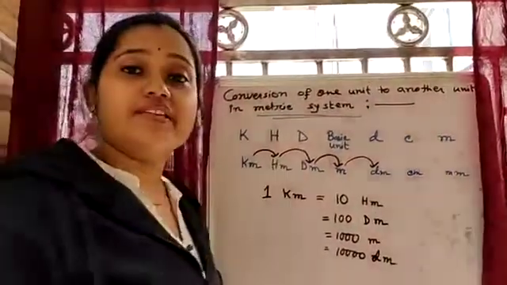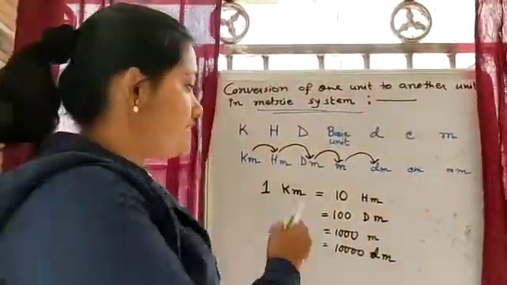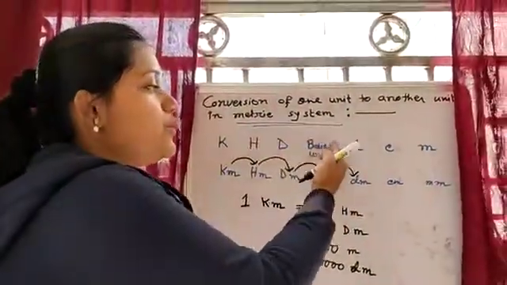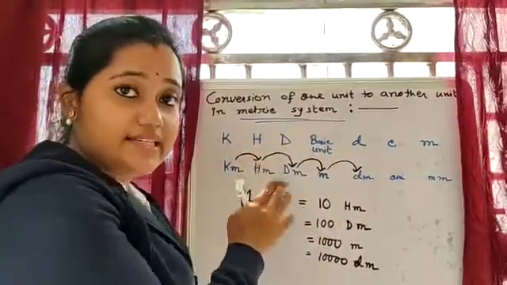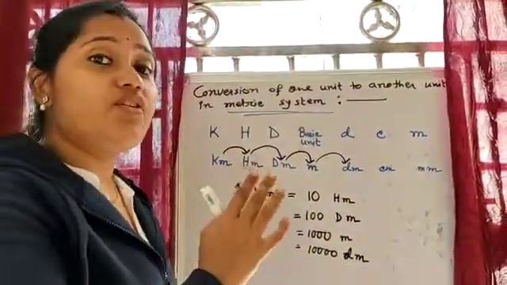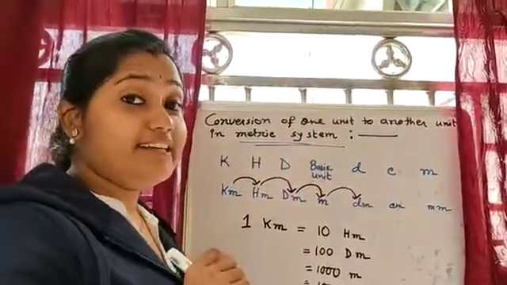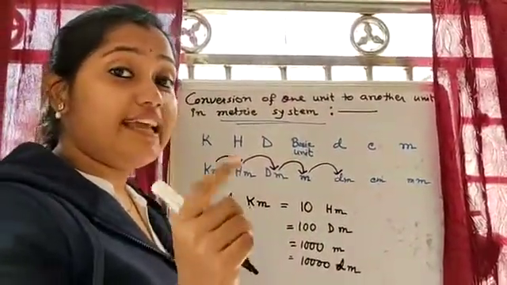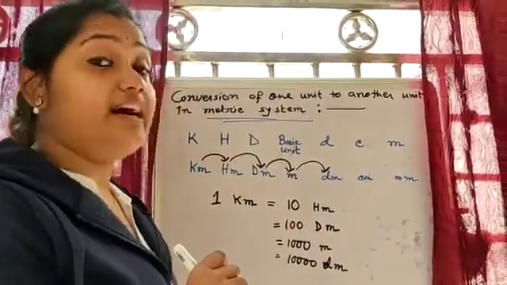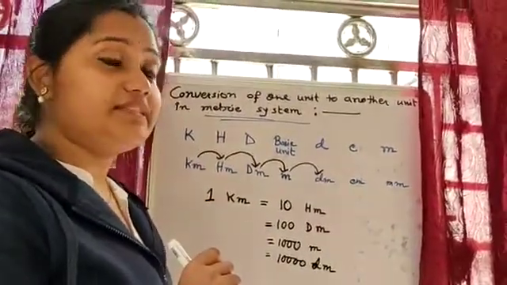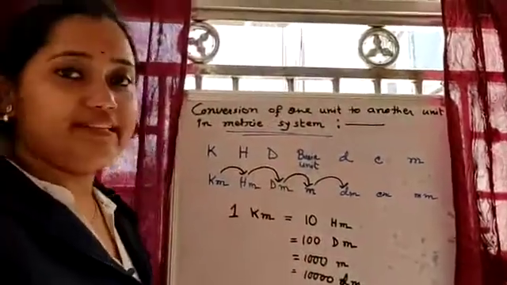This is the metric system. In the metric system, the relation between any two successive headers is based on the power of 10. We have learned the power of 10 concept in the header system of the Indian number system or the international number system. The same thing is here as well.